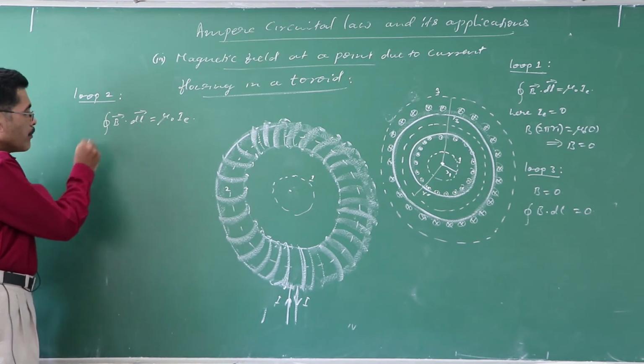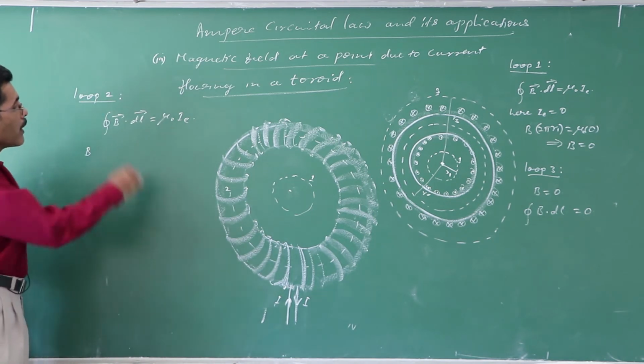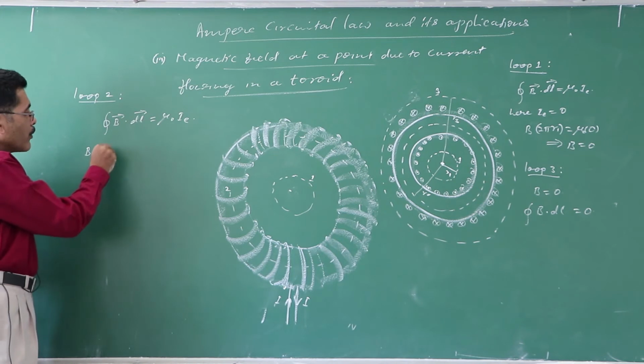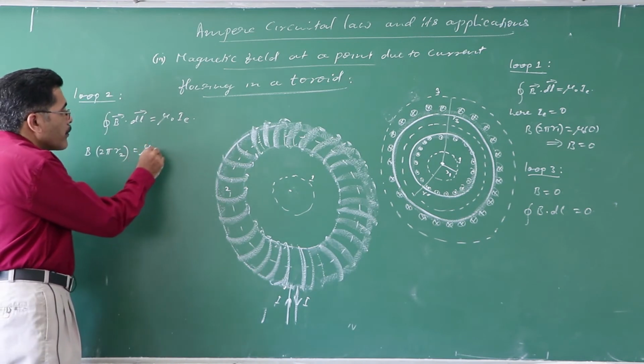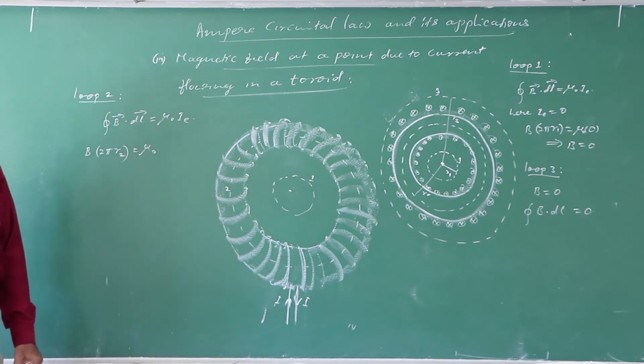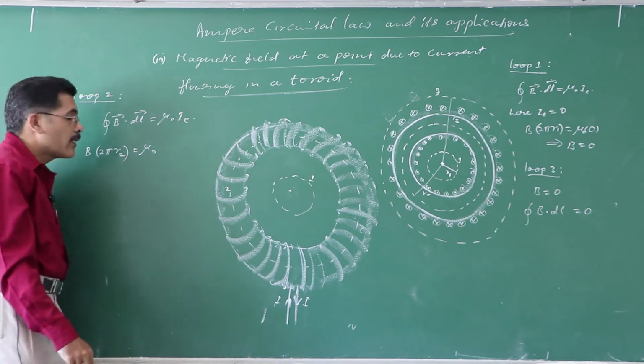B is non-zero here, and dl is 2 pi r2. What is I_E?